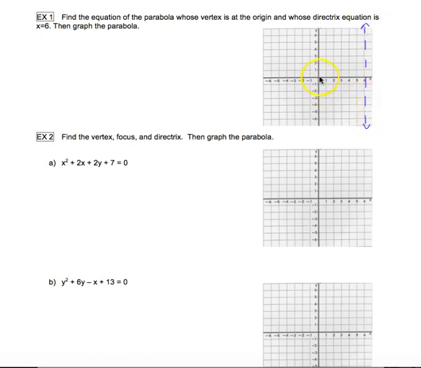So this is my directrix. They've told me my vertex is at the origin. So given this information, I know that it has to open left because the directrix must be outside the parabola.